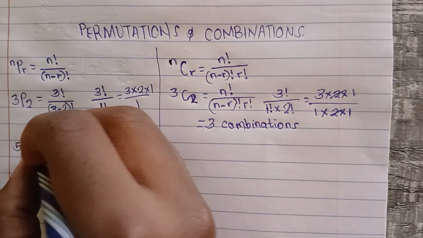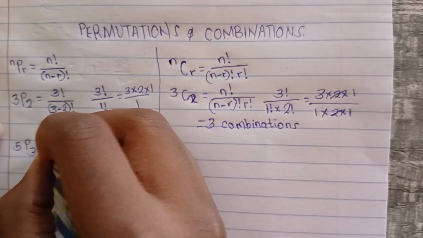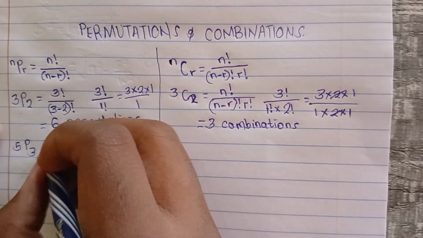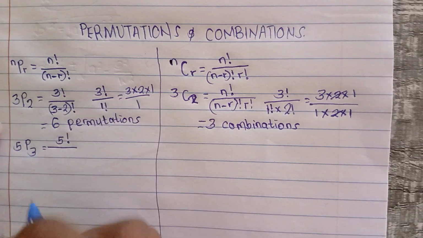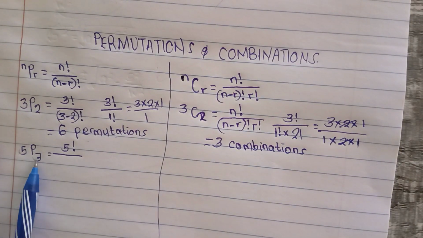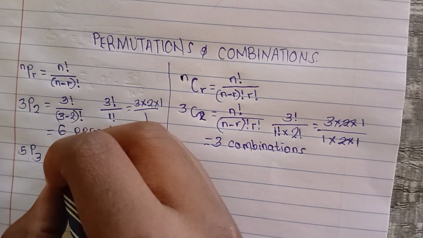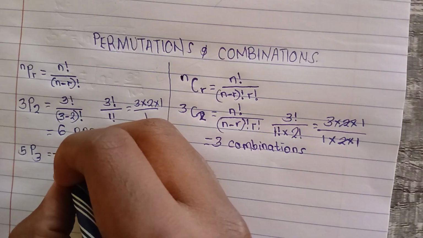5P3. That will be n factorial, which is 5 factorial, over n minus r. n minus r is 5 minus 3, which is 2. So 2 factorial.